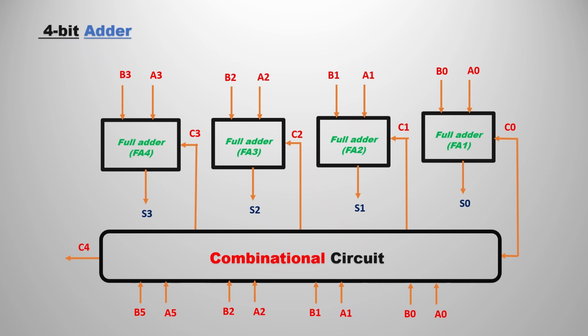This is the same model that we can use to represent the CLA adder. You can observe clearly that the carries are generated directly from the combinational circuit instead of from the previous full adders. By this we can reduce the time of producing the carry outputs, so the time will be reduced.